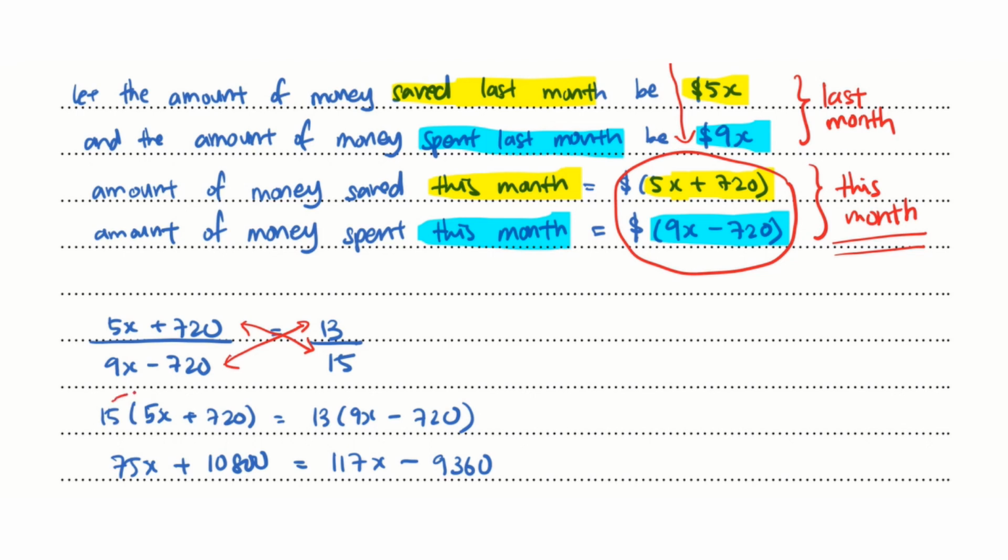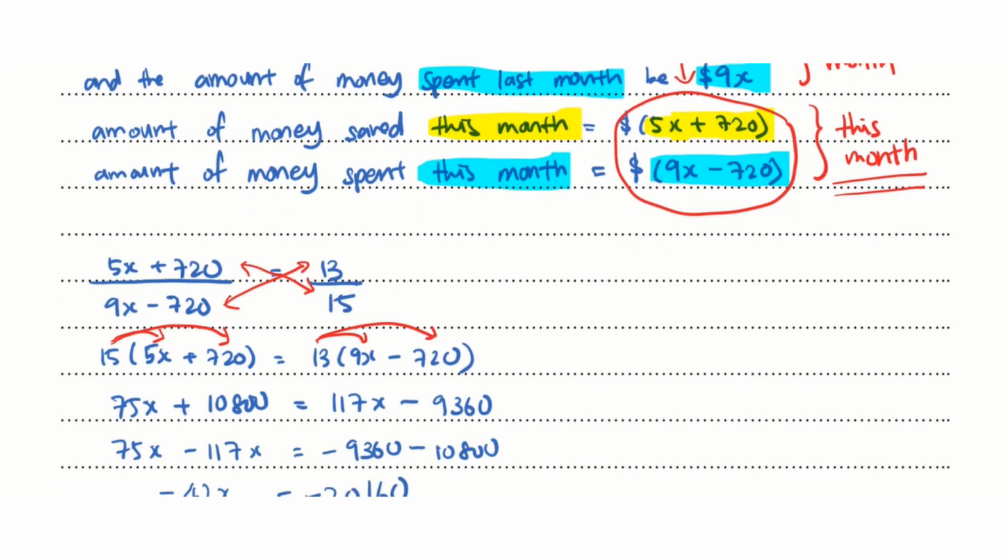Then we do the distributive law, or what we also call the rainbow method, to expand this, and we get 75x plus 10,800 equals 117x minus 9,360. Then it is a simple simplification of the equation, so we move things around.